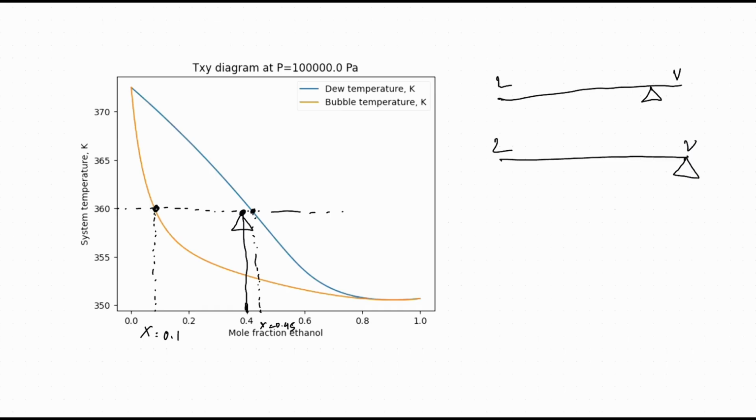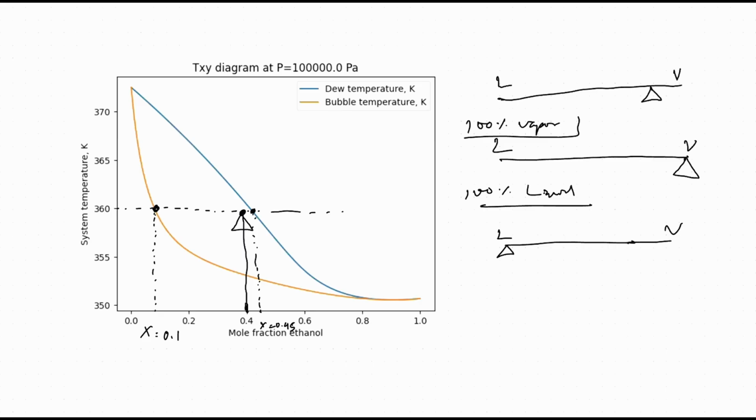So this is actually the case of 100% vapor. 100% liquid would look like this, graphically speaking. When we're on the fulcrum, you basically draw on the bubble temperature line. So the weight of the vapor is essentially zero, and the liquid is full. That's why it's flat.